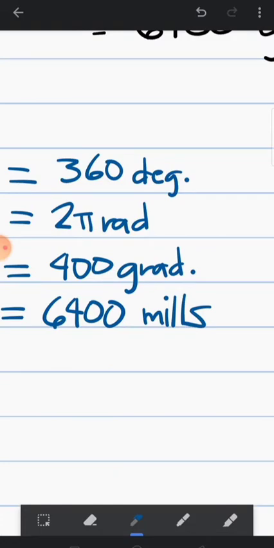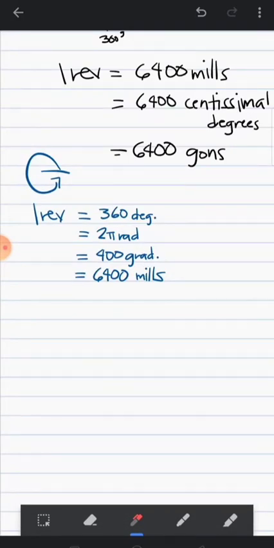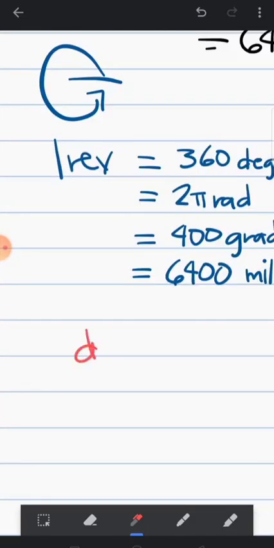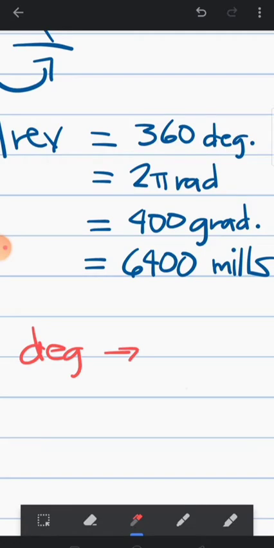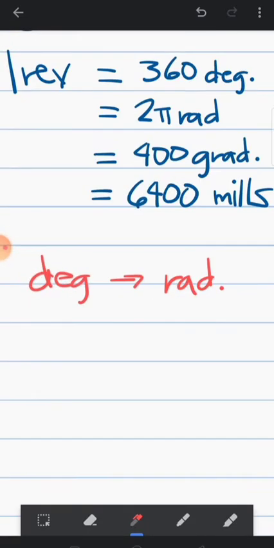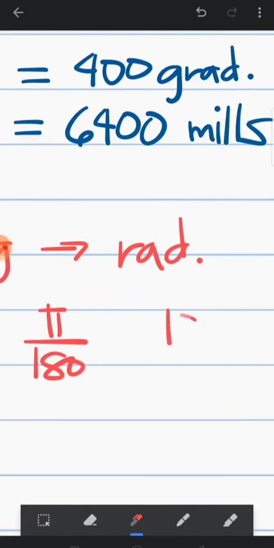So that's it. Just to add additional information, if you have to convert degrees to radians, you often just remember or memorize that to convert, you have to multiply the number by pi over 180 or 180 over pi.